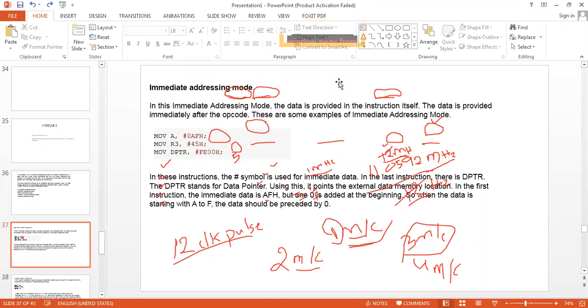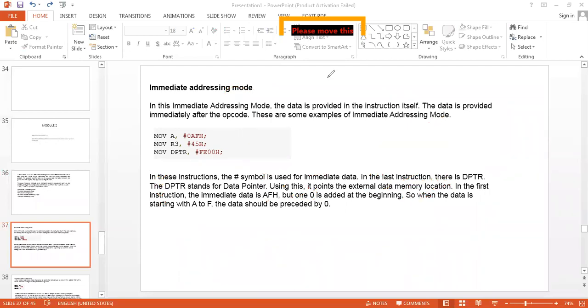So now, here the first one is immediate addressing mode. Here, this is going to tell that immediate stands for direct data or direct value.